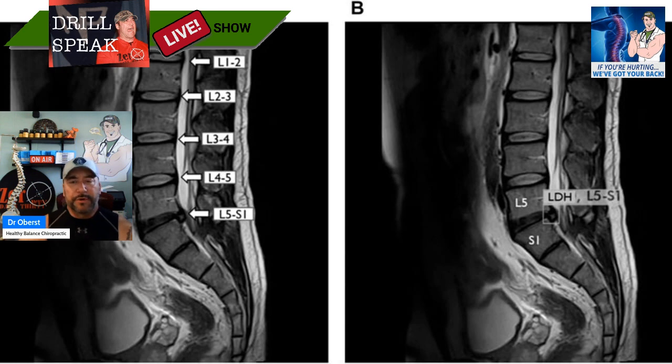So, let me go back to this one here. That was a lot of technical stuff, maybe more than most people need to know, but why do I break it down in such detail? Because there's a lot of people that know only a little bit about their body, and I figure we need an owner's manual. That's my mission, to provide you an owner's manual for your body.